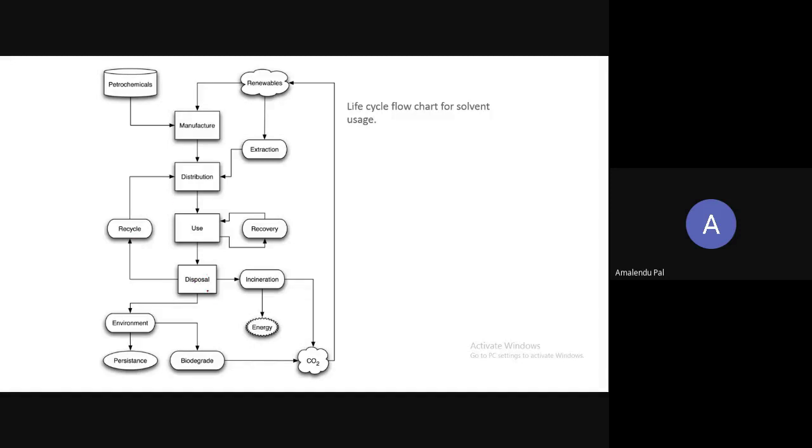If it is burned, by incineration, then you can get energy, which is good. But if it goes to the environment, it will persist, and then problems arise. If it is biodegradable, then it is okay. So the situation is petrochemical industries or renewable sources, extraction, distribution, use, disposal, then environment, then persistence.